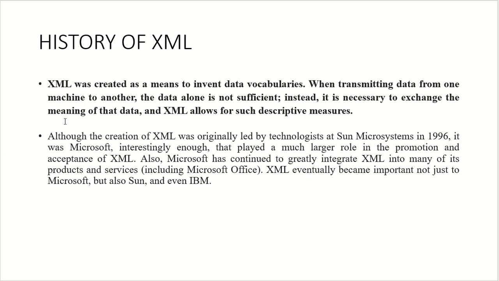It is necessary to exchange the meaning of that data, and XML allows for such descriptive measures. Alright, so Sun Microsystems created it in 1996, but it was largely used by Microsoft. And right now, Microsoft, Sun, IBM and many more companies are using XML.